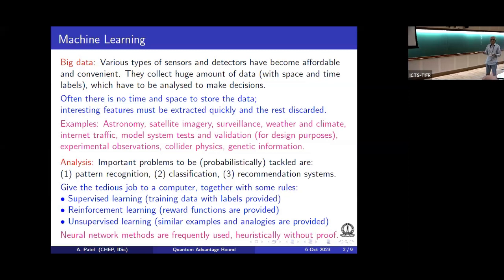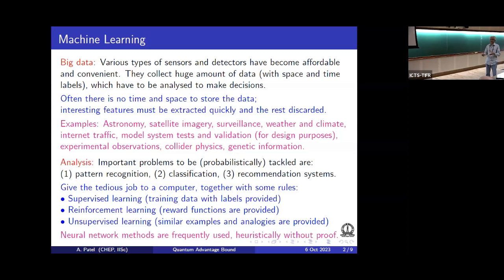What are the kind of questions that are asked? Well, three problems are tackled. The first one, you can just call it pattern recognition. The data is there, you are trying to figure out some interesting stuff from it. After you found some pattern, you classify them, this type, that type, etc. And after classification, you talk about a recommendation system.